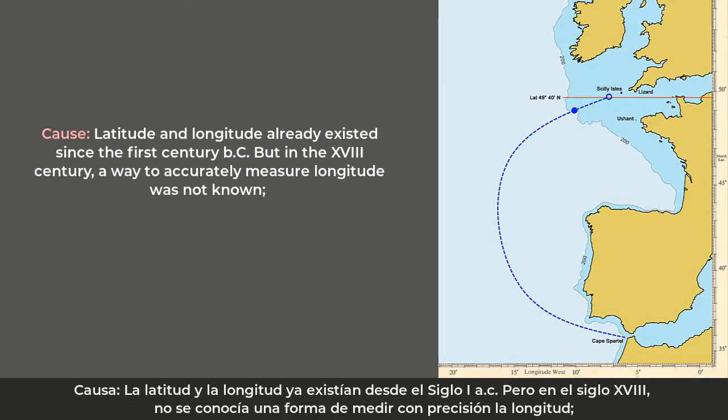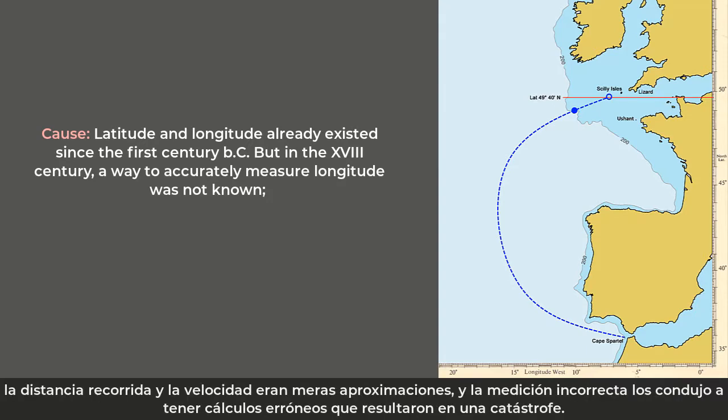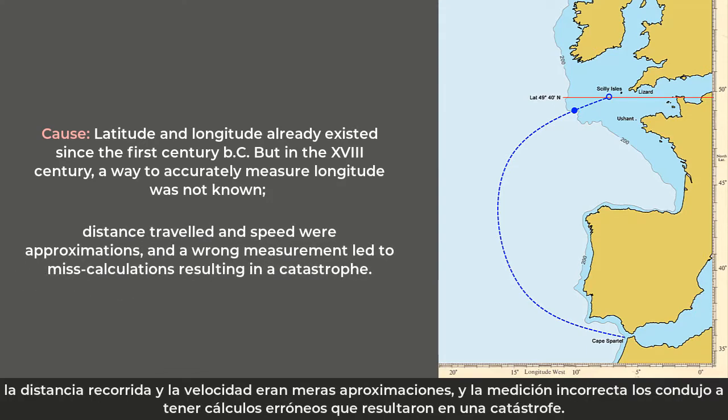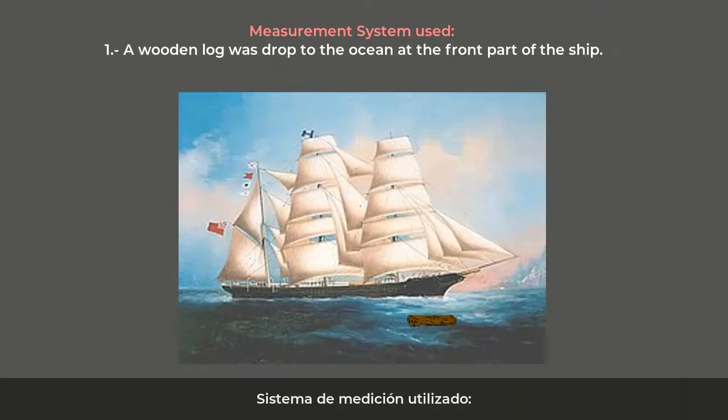Cause. Latitude and longitude already existed since the 1st century before Christ, but in the 18th century, a way to accurately measure longitude was not known. Distance traveled and speed were approximations, and a wrong measurement led to miscalculations resulting in a catastrophe. Measurement system used.